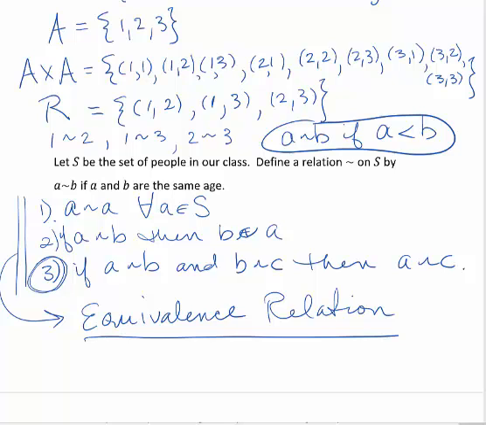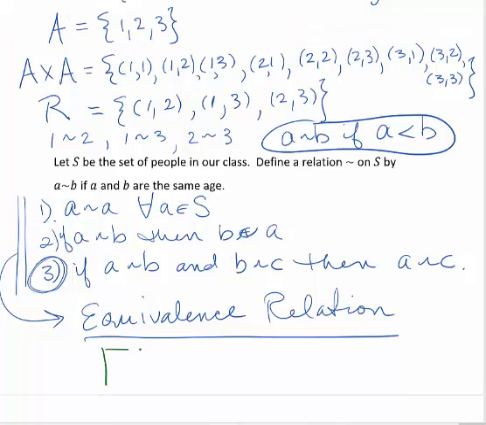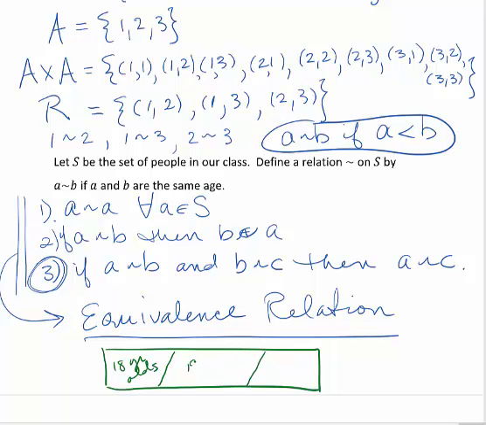There's another interesting thing to notice about equivalence relations. If I drew a diagram here, let's just make a rectangle, and I say that all 35 people in our class are inside that rectangle, then we could say, well, some of you are 18 years old, and so we could say the 18-year-olds are here, and maybe most of you might be 19 years old, and then maybe some are 20-year-olds, all of them in here, and then there's one person, me, who belongs in a different spot, because I'm not 18, 19, or 20.